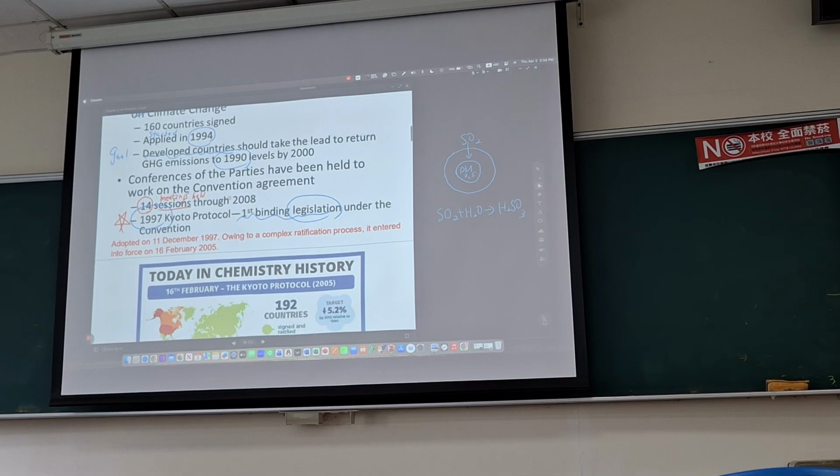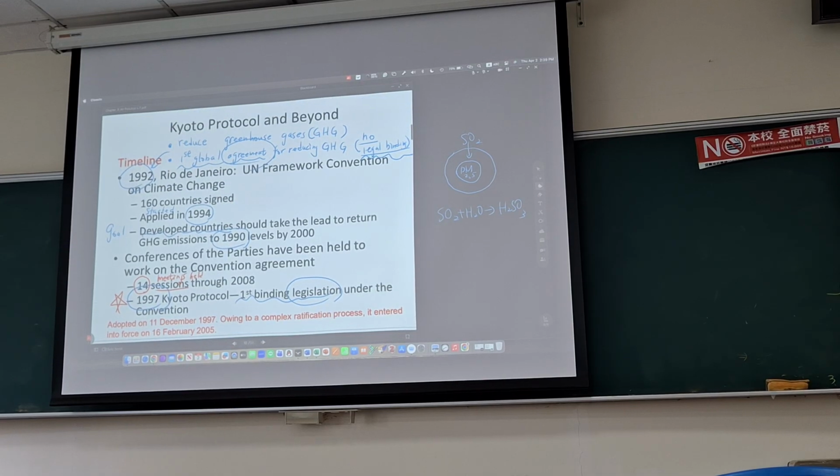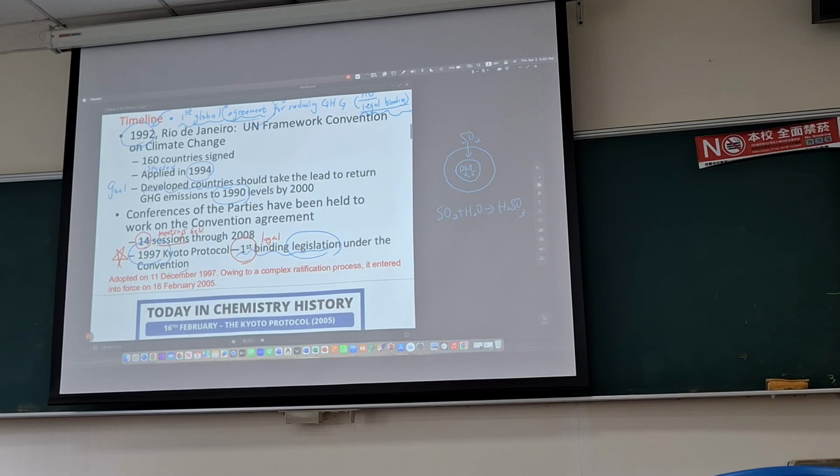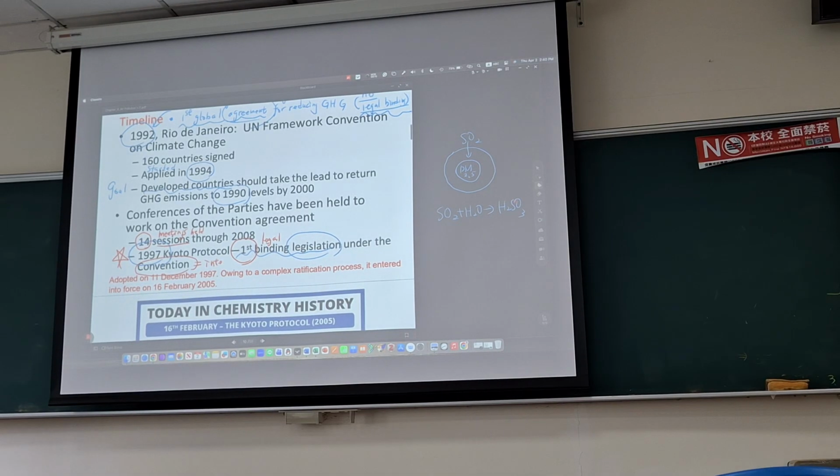The 1992 one is the first global agreement, and the 1997 Kyoto Protocol is the first legally binding international agreement under the convention. The convention here is the international agreement.